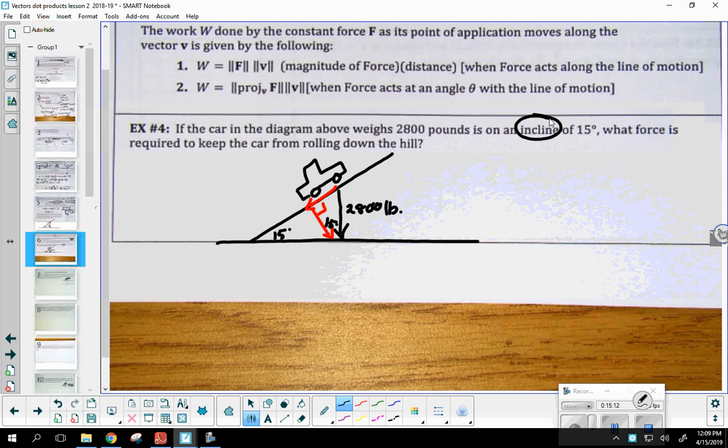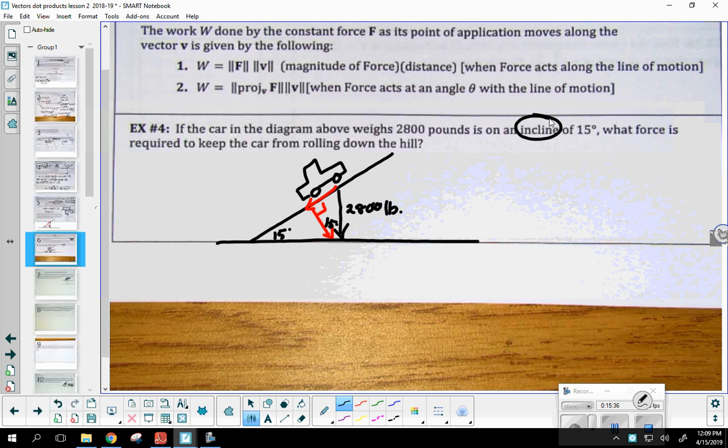Actually, if the force going up the hill was greater than going down, what would the car actually be doing? It would be going up the hill, right? But we want the car to stay exactly where it is. So what's going to happen if I have two forces of the exact same measure? They're going to cancel each other out, right?